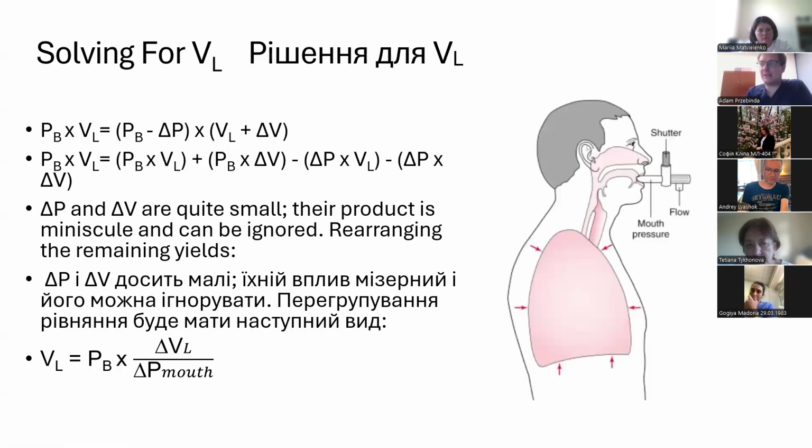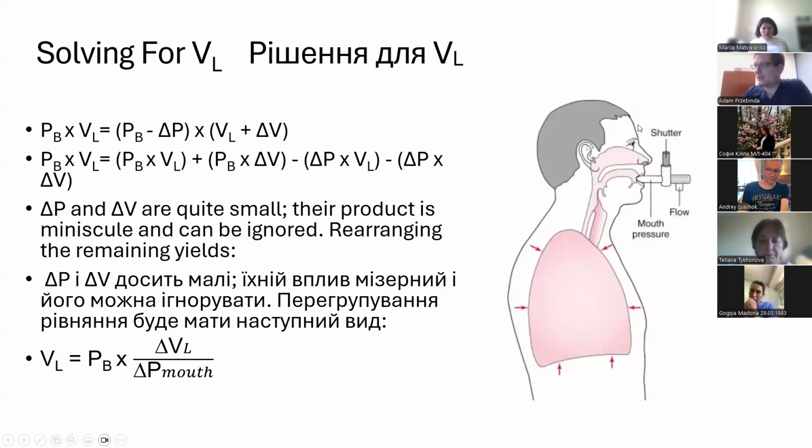Now, I added back some of the equations that were lost here, so hopefully you can follow along. I don't know if this was in the translation, but I've rewritten it here. This is the same pressure times volume is equal to the new changed pressure and the volume with the change in volume.